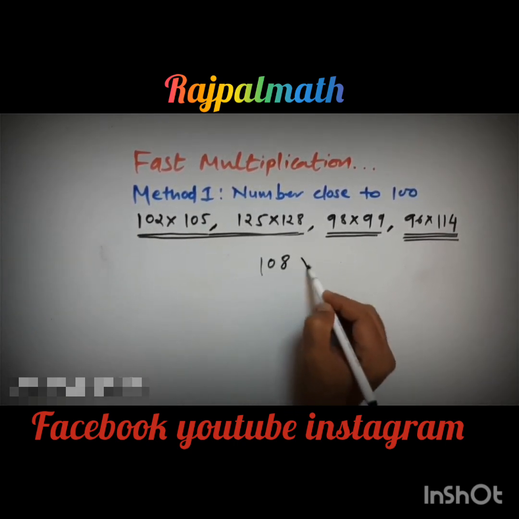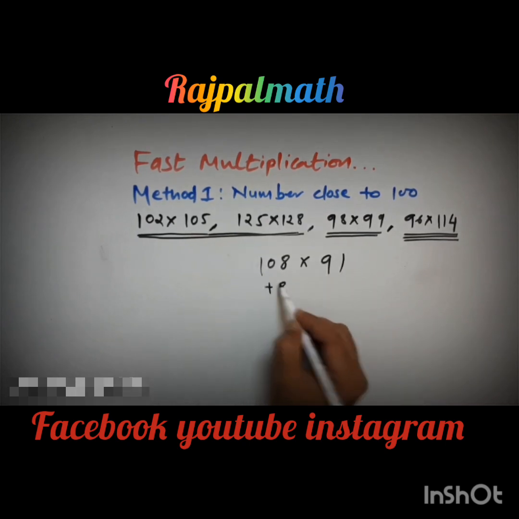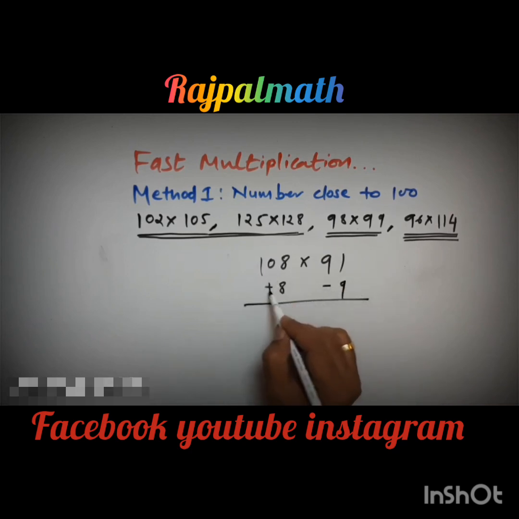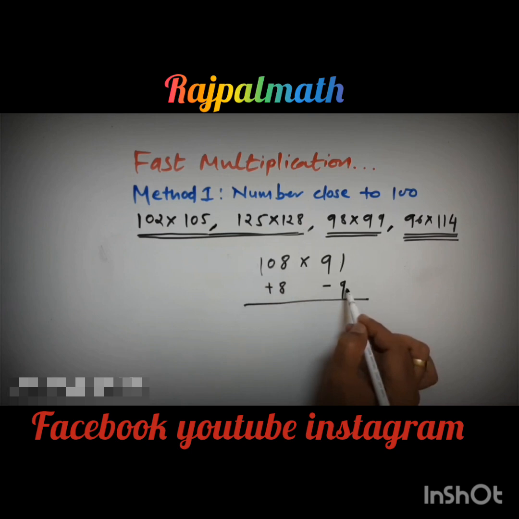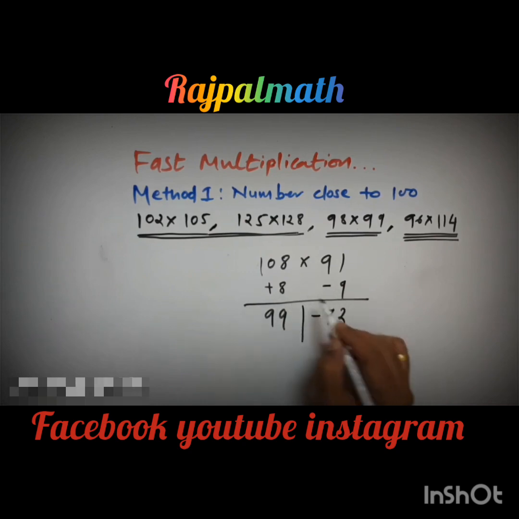108 into 91. So this is plus 8: 100 plus 8 is 108, and 100 minus 9 is 91. What I'm going to do: 108 minus 9 is 99, or 91 plus 8 is 99, and 8 into minus 9 is minus 72.